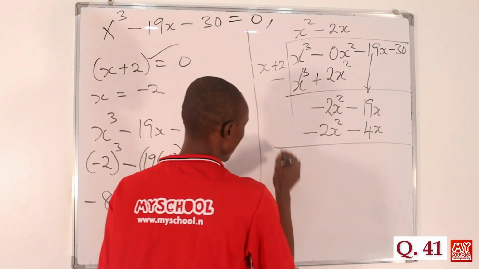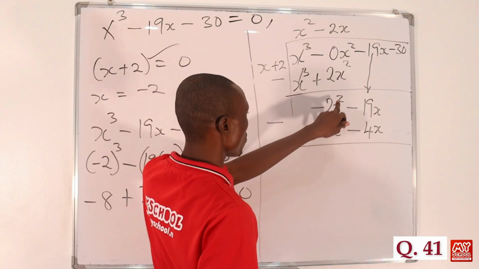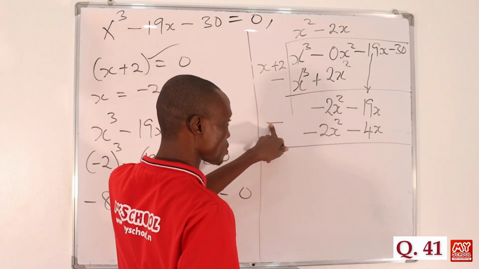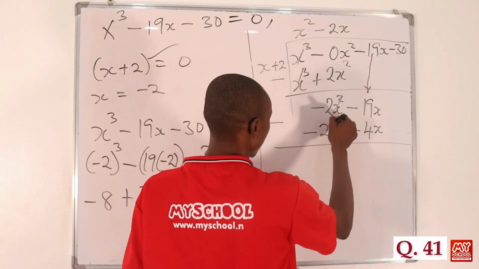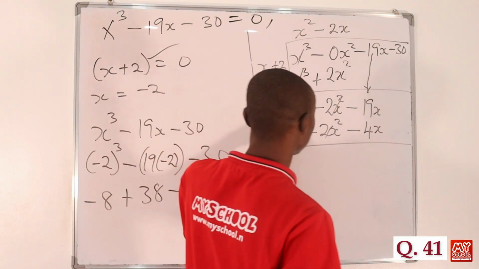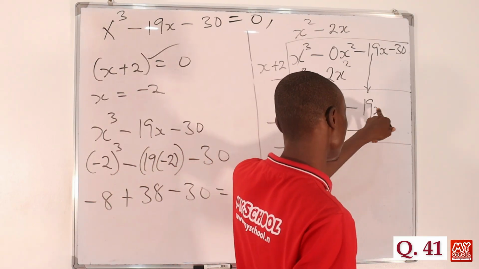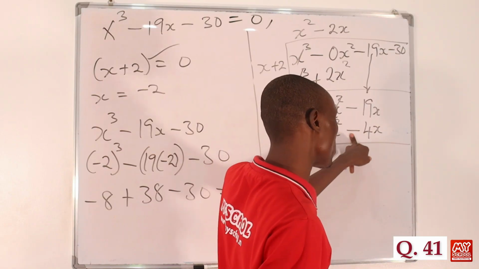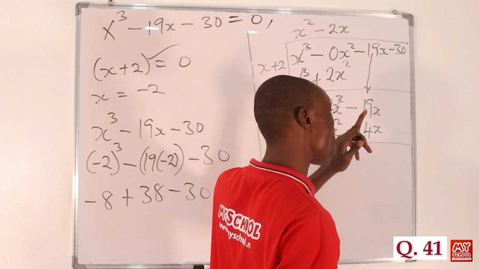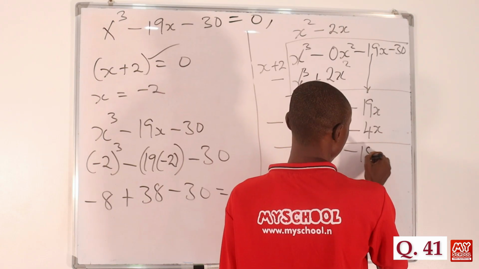So we subtract again. Here we'll have minus 2x squared minus minus 2x squared, so this cancels out, while we'll have minus 19x minus minus 4x. That will be equal to minus 15x.